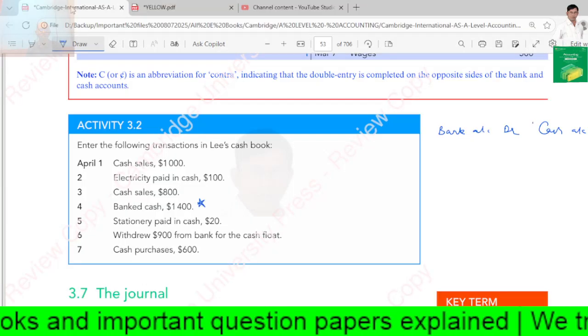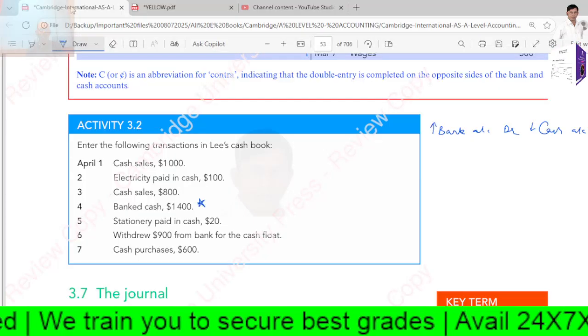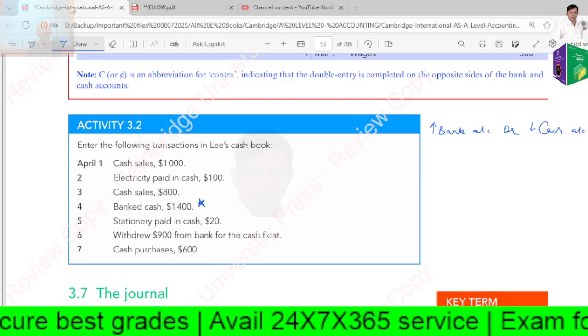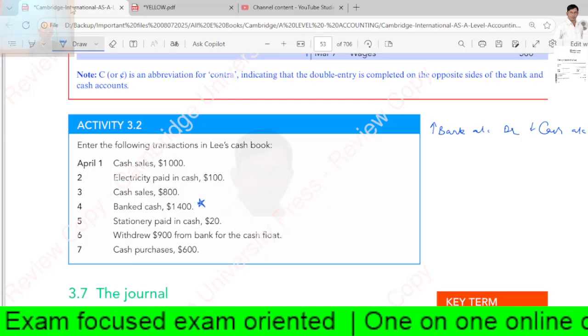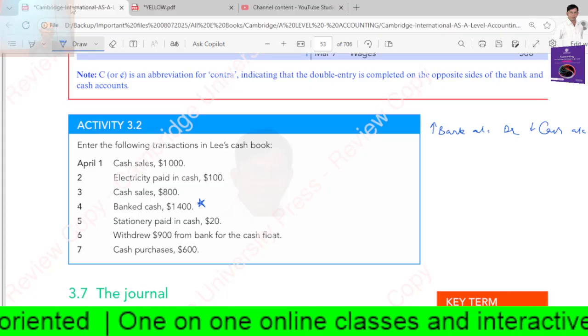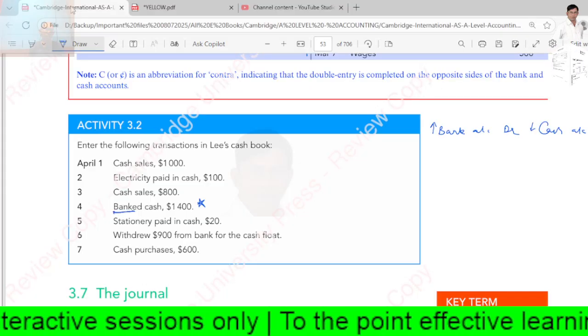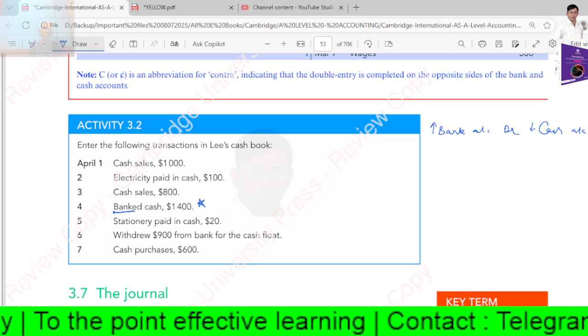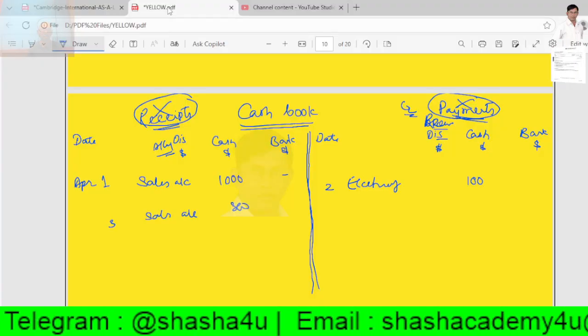Cash is going out and money is coming into the bank. So this is bank, so money is coming in here.